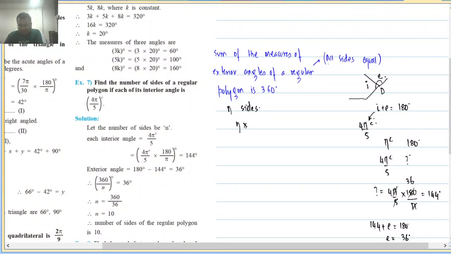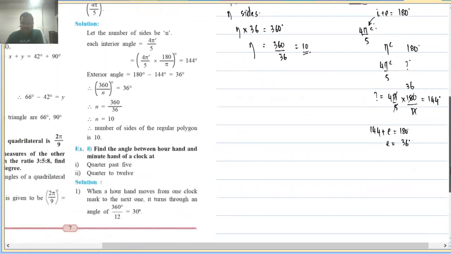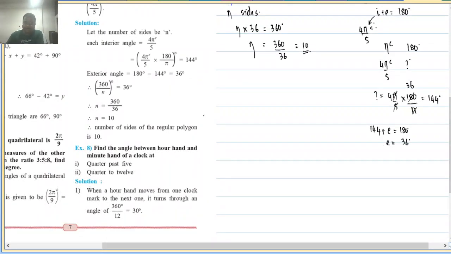So n multiplied by one exterior angle is equal to the sum of all the exterior angles, which is 360. So n is equal to 360 upon 36, which is 10. So what is the number of sides? Number of sides of the polygon is 10. Okay. Now, the next question we'll be discussing in the next lecture. Okay.